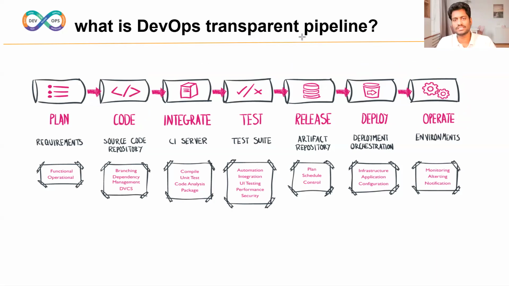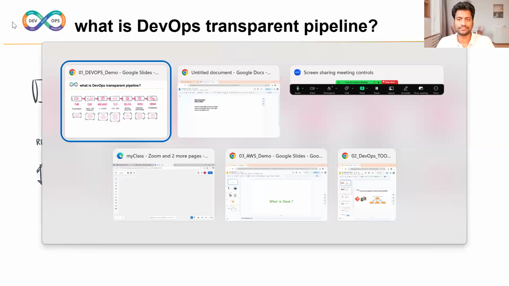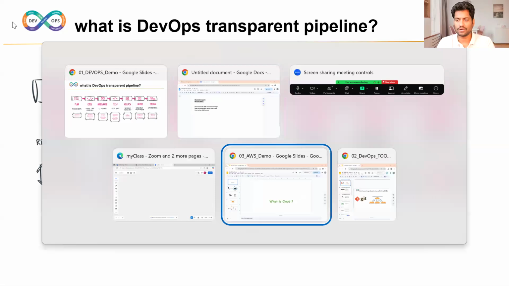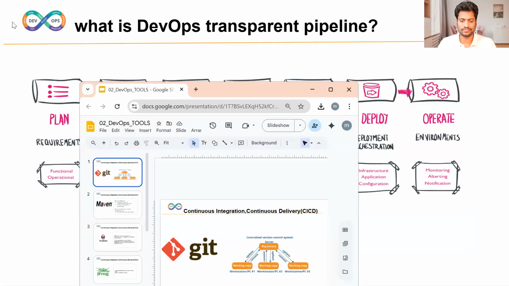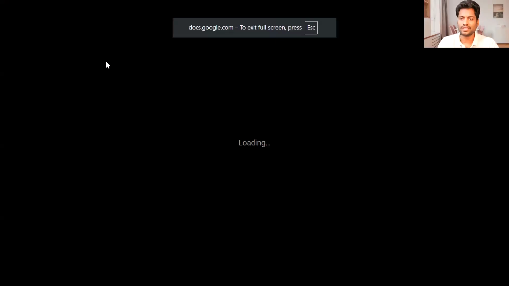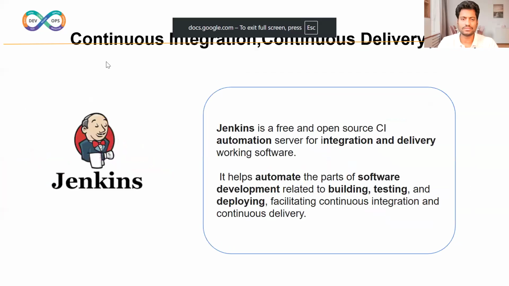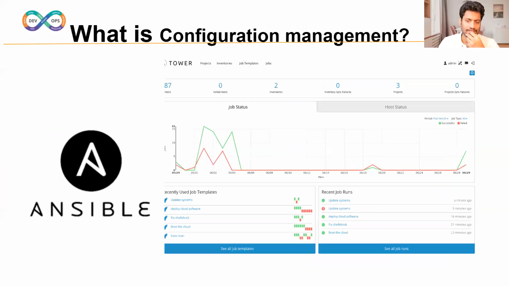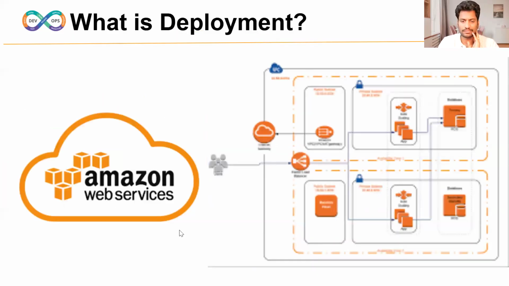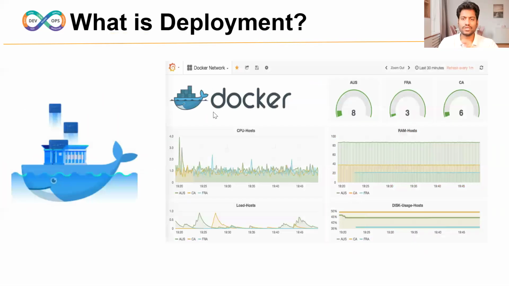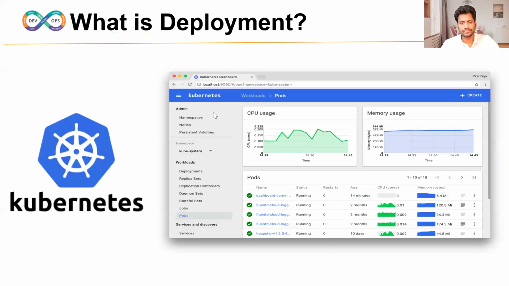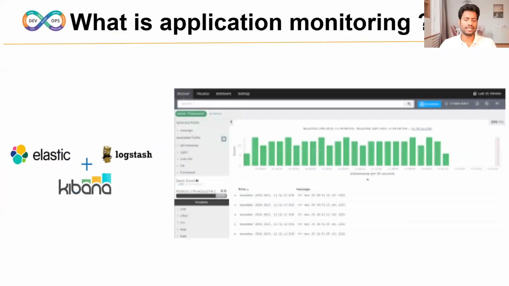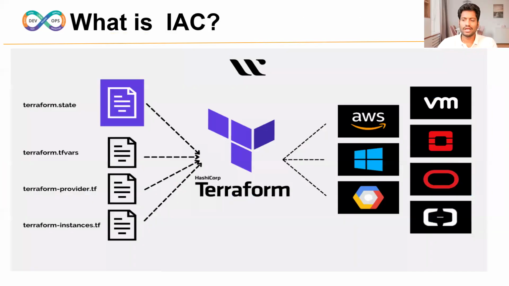For implementing this DevOps transparent pipeline, which tool stack are we going to be using? These are the tools: Git, Maven, Jenkins, JFrog, SonarQube, Ansible, AWS (Amazon Web Services), Docker, Kubernetes, ELK (Elastic, Logstash, Kibana), Terraform.